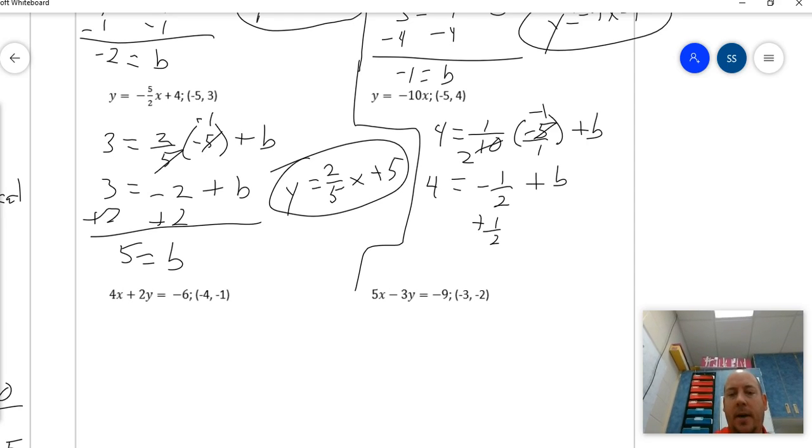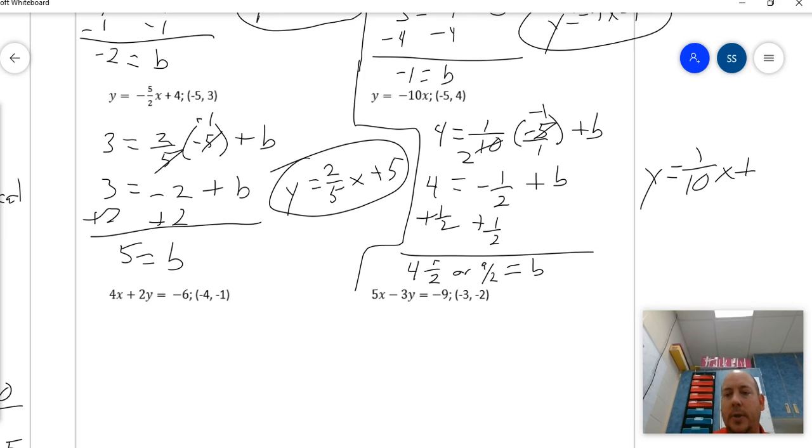And I'm going to add a half to both sides. So I end up with 4.5, or 9/2 you could also use, equals b. So my equation would be y equals my slope of +1/10 x plus 4.5 or 9/2.